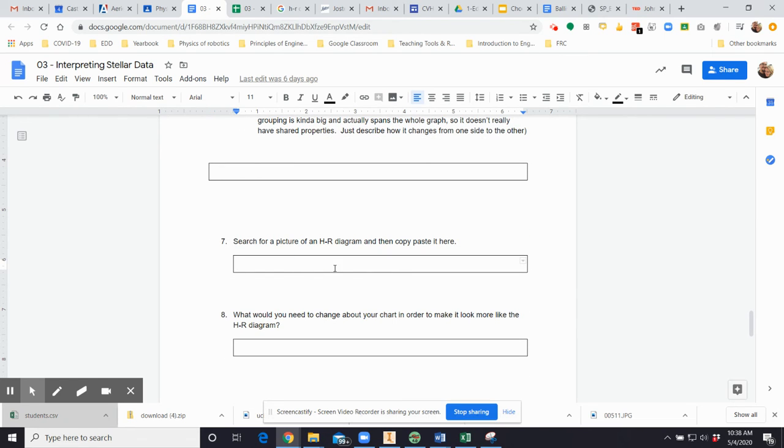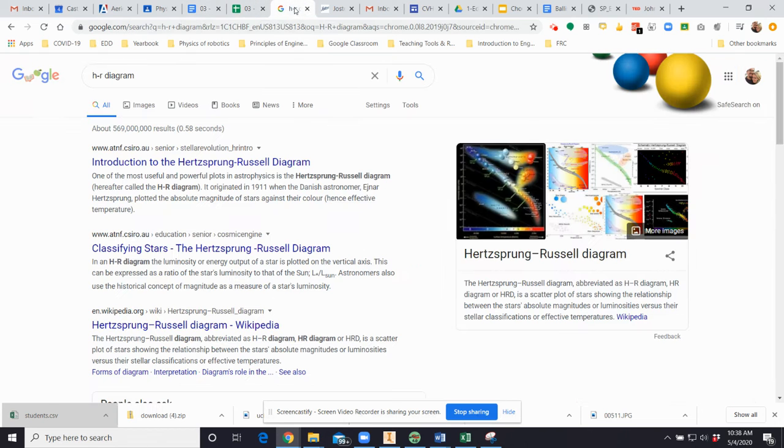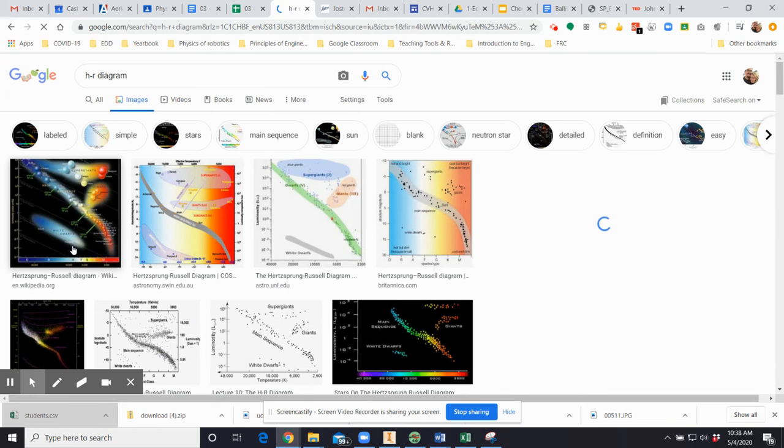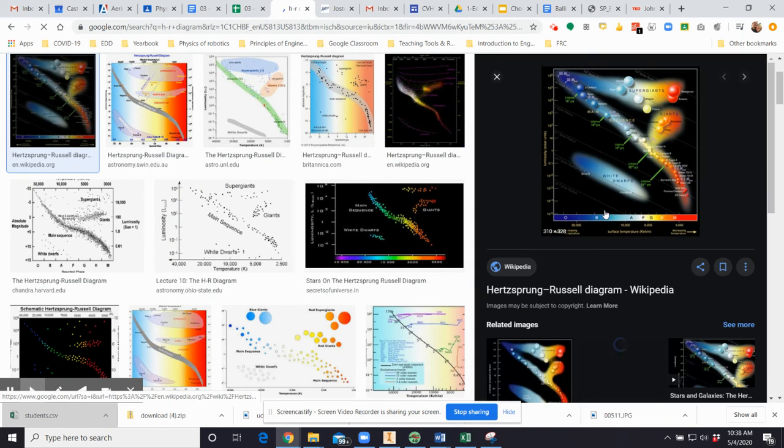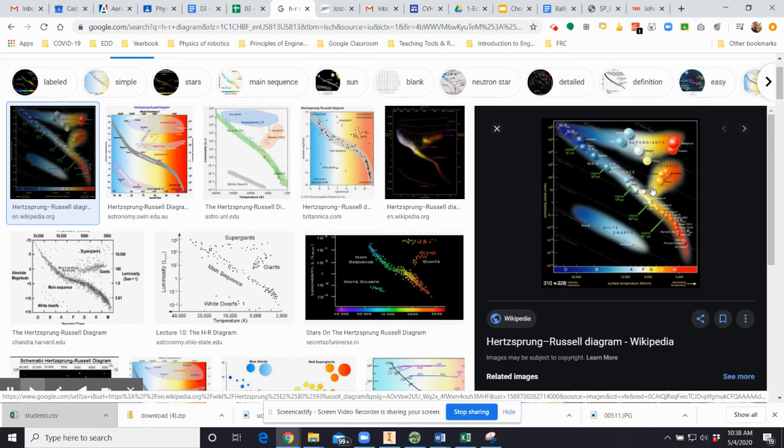For number 7, you want to search for an HR, a Hertzsprung-Russell diagram. That's something that looks like this. What they graph here, let's see, one that's easier to read.